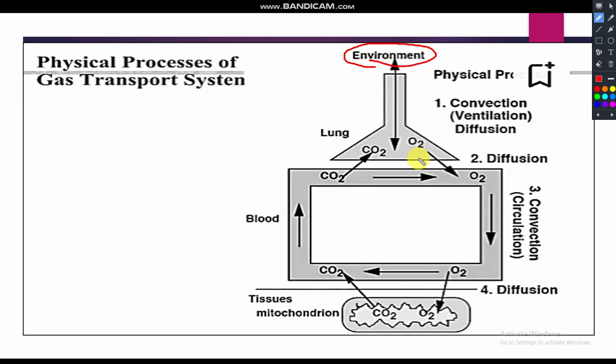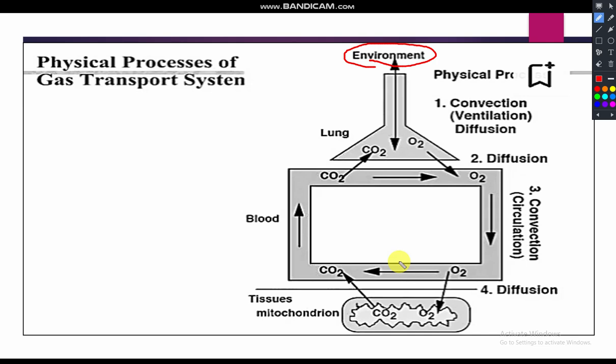And then from the lungs, the oxygen enters the blood, and from the blood, it goes into the tissues. Conversely, carbon dioxide leaves the tissues to the blood, and then to the lungs, and then to the external environment.